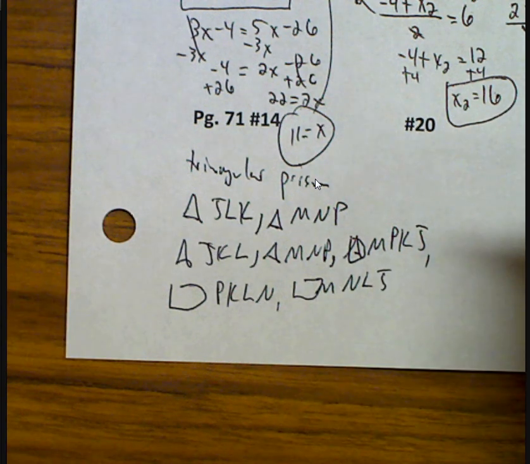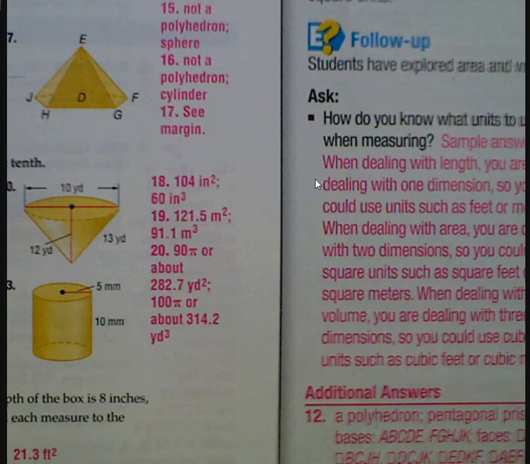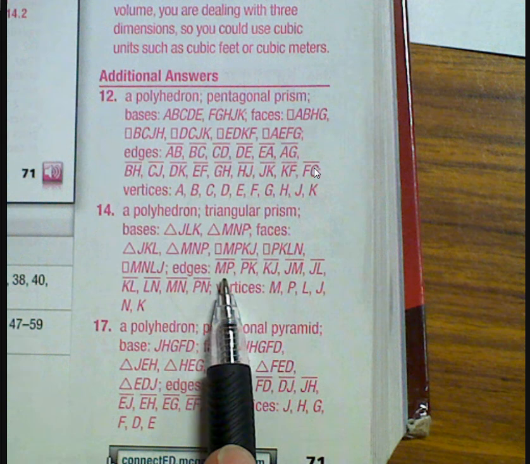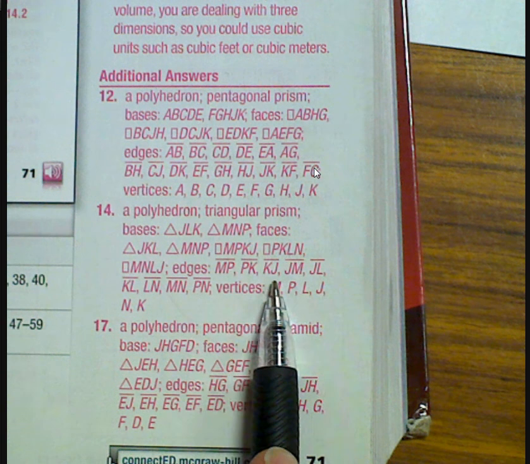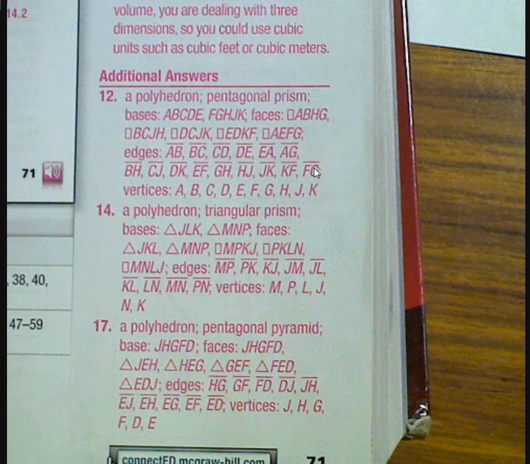The edges. Instead of me writing all this, this is what I should have done in the beginning. The edges would be MP, PK, KJ, JN, JL. So here are the answers to number 14 for the vertices, sides, and everything.